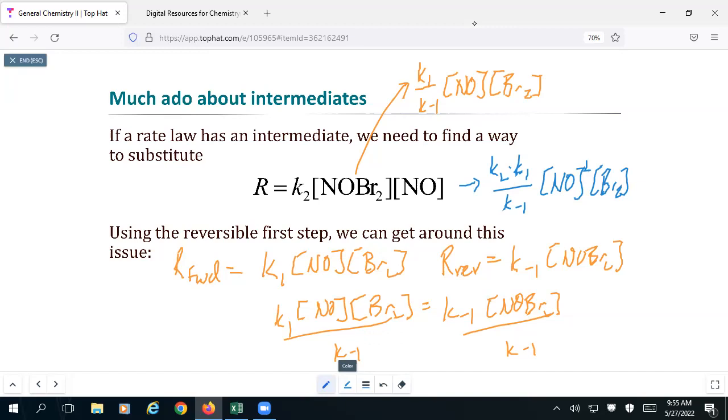These k2, k1, k-1, all of that is going to be a single observed rate constant. So in the end, my observed rate constant, whatever it is, multiplied by nitrogen monoxide squared, multiplied by bromine to the first power, there's my rate law.